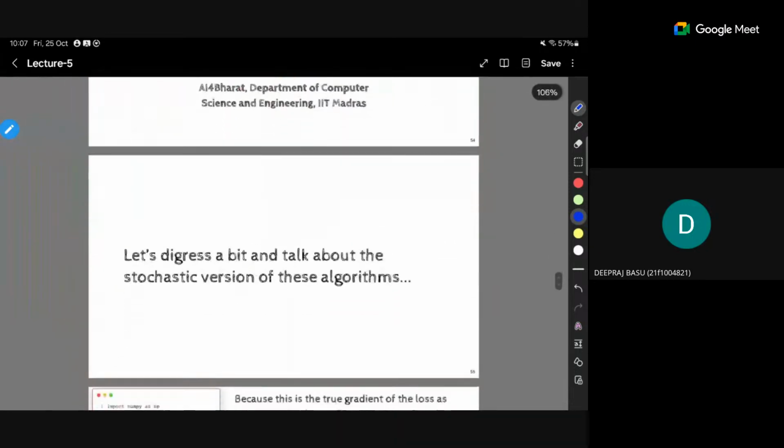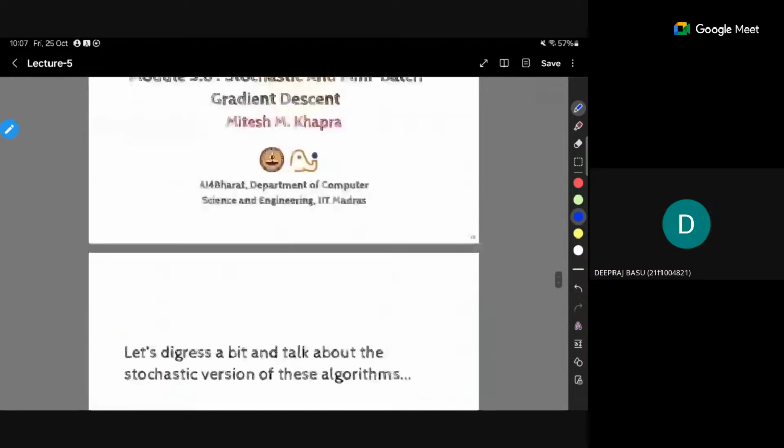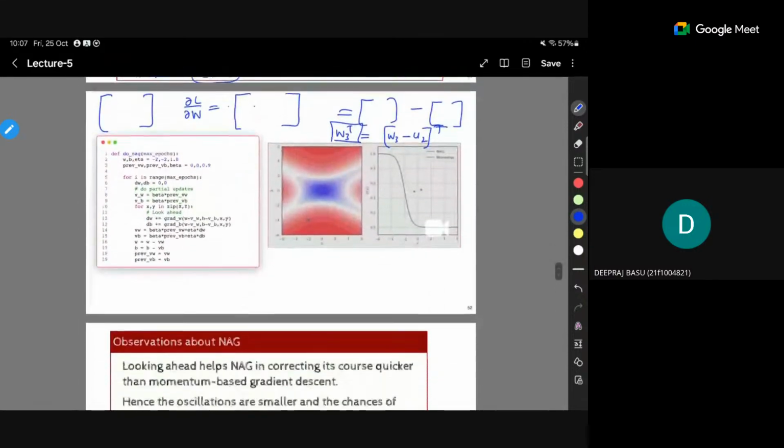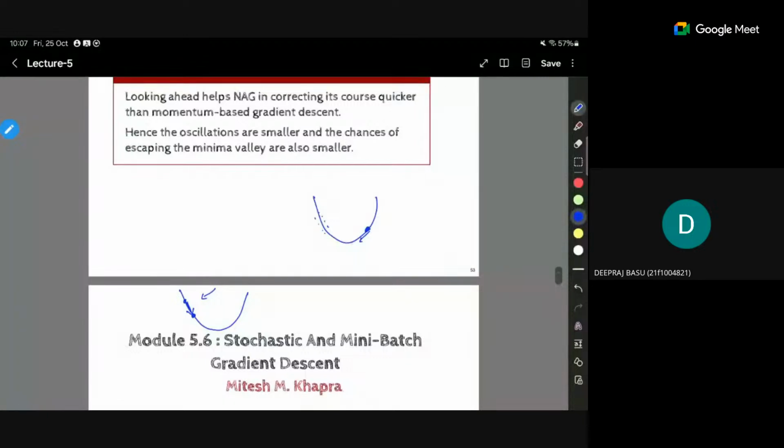And since the most recent slope has the most weight in the history vector, it's going to course correct faster.